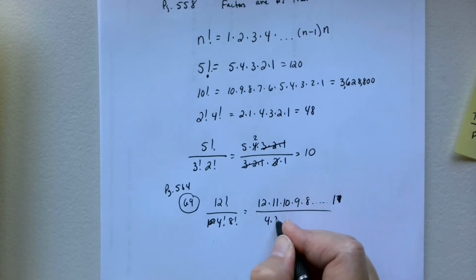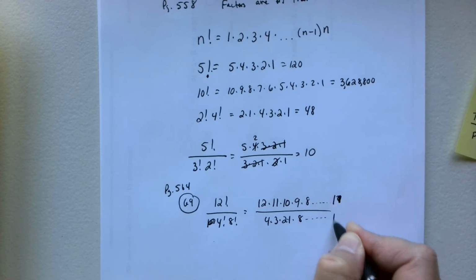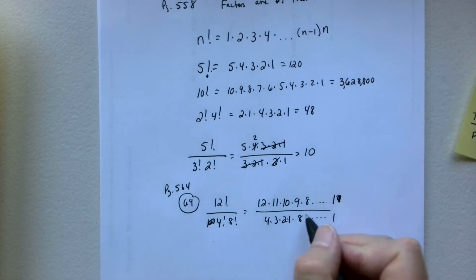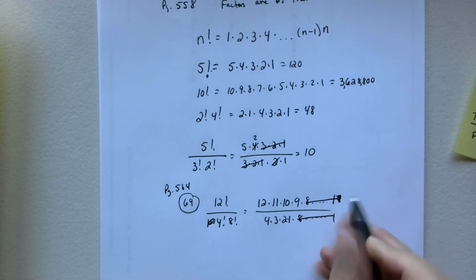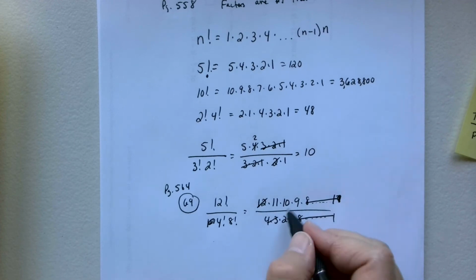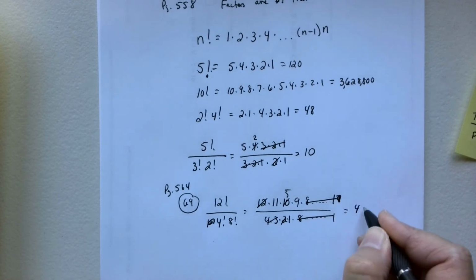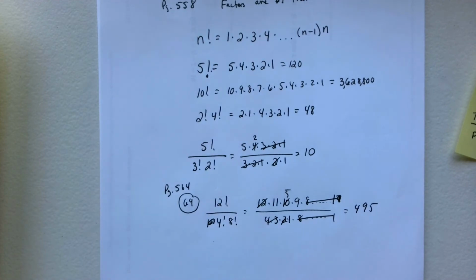On the bottom, 4, 3, 2, 1, and then 8 all the way down till you get to 1. So you can cancel out the 8 through the 1. And 4 times 3 is 12. And 2 goes into 10 5 times. And so you end up with 11 times 5 times 9, which is 495.